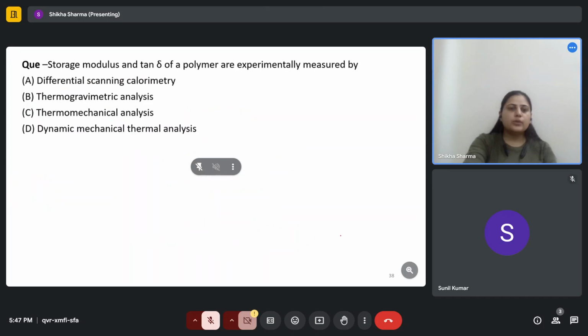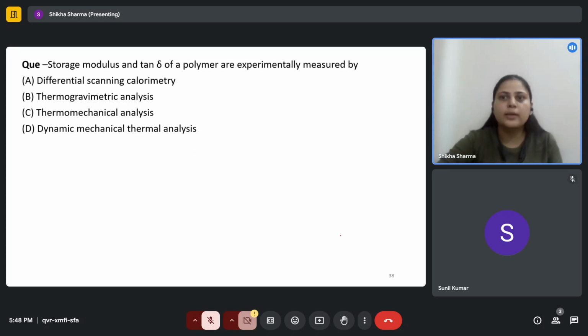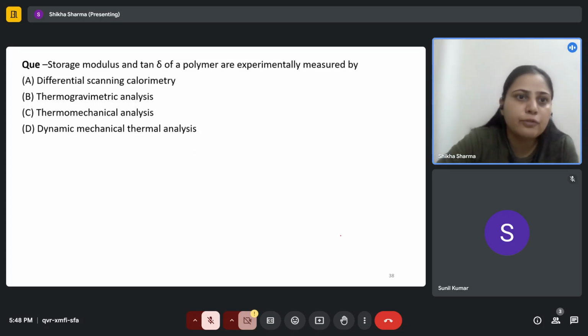Okay. So next is: storage modulus and tan delta, which is the loss tangent, of a polymer are experimentally measured by differential scanning calorimeter, TGA thermogravimetry analysis, thermomechanical analysis, or last is dynamic mechanical thermal analysis.